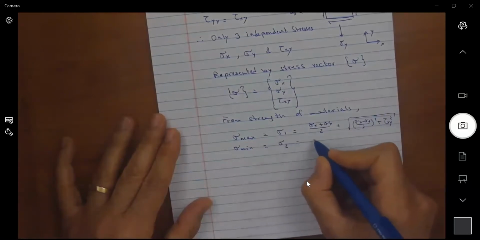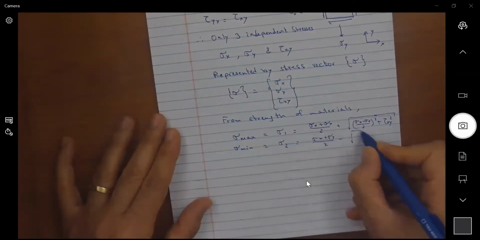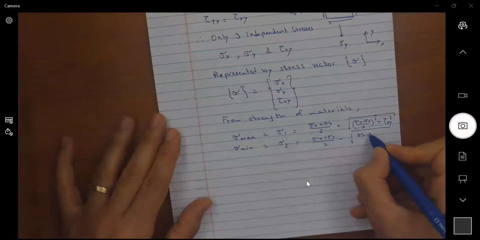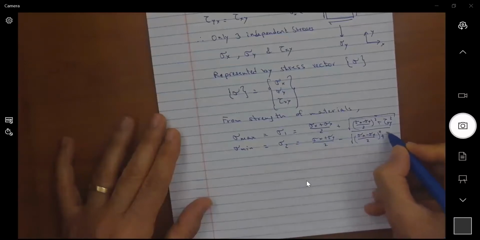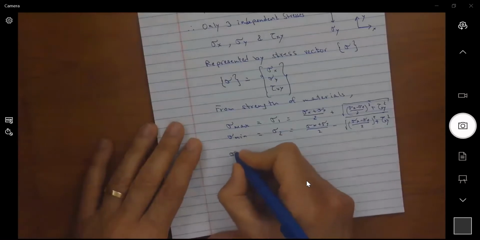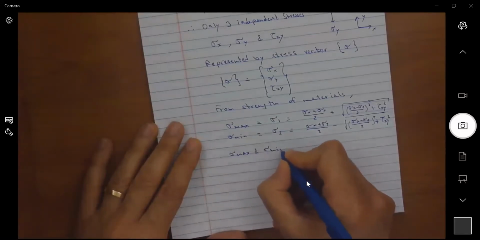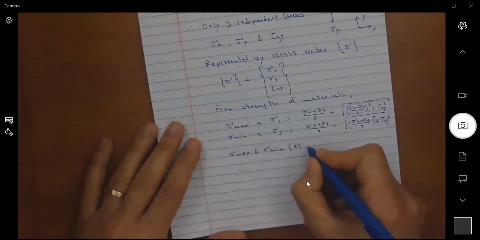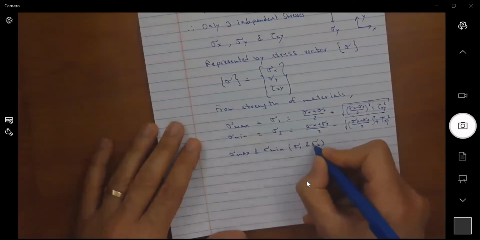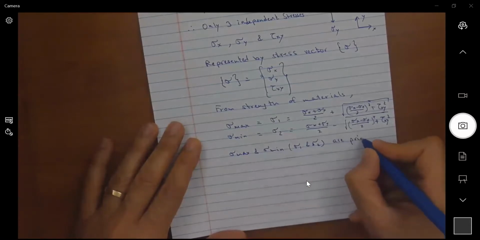And sigma 2 was sigma X plus sigma Y over 2 minus the square root of sigma X minus sigma Y over 2 squared plus tau XY squared. Sigma max and sigma min, or sigma 1 and sigma 2, are principal stresses.